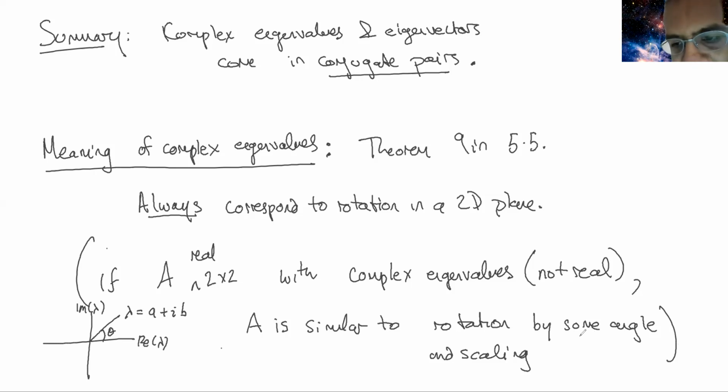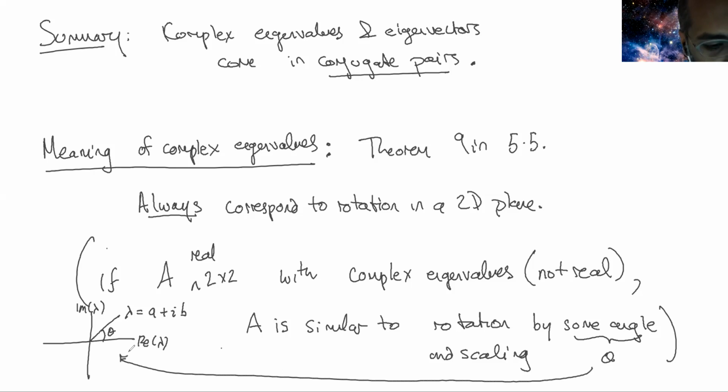It's actually rotation by this angle theta in this picture here. Okay, so complex eigenvalue always corresponds to rotation. Sorry, I didn't really get to everything I wanted to get to today, but I'll make some sort of supplementary video and continue next time. But any questions in the last minute or two?